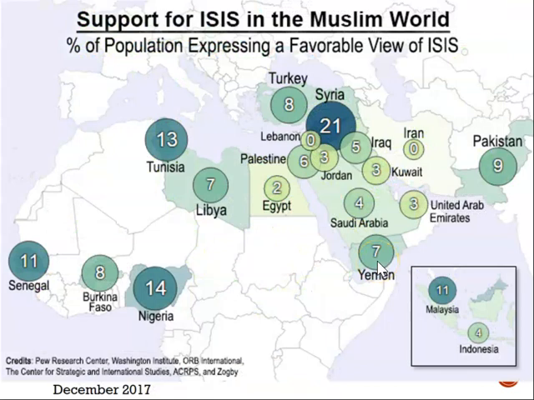Well, here's another thing that I think would be interesting. This map was made in December of 2017, somewhere in that neighborhood, but it shows the percentage of people within a country who support ISIS. We've heard a lot about ISIS, right? The Islamic State.